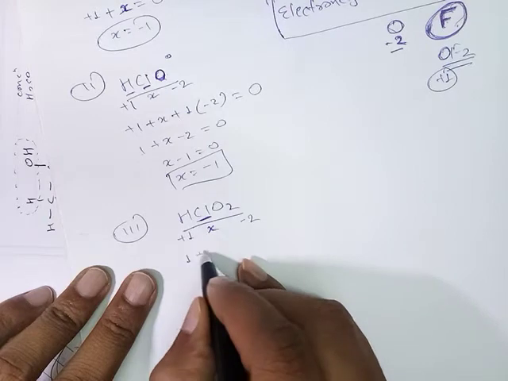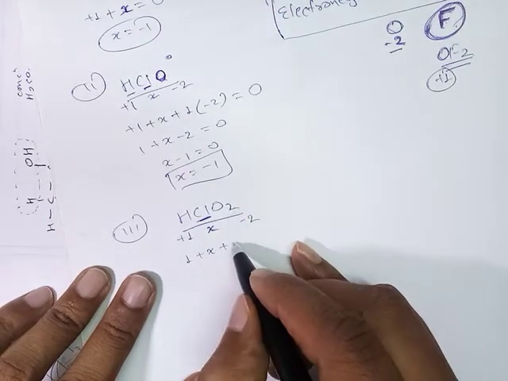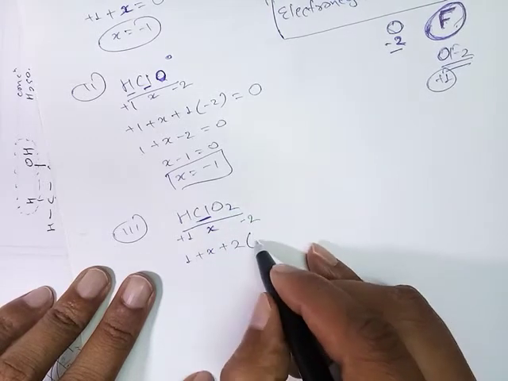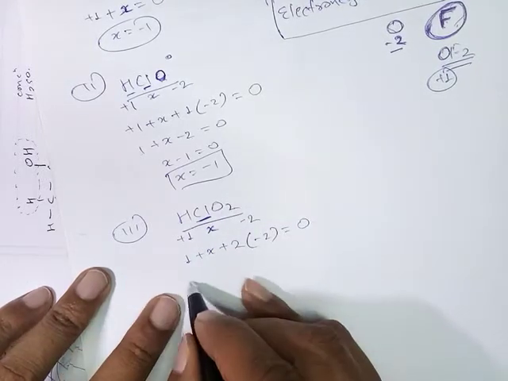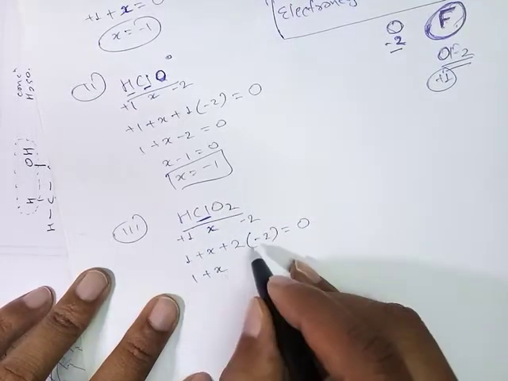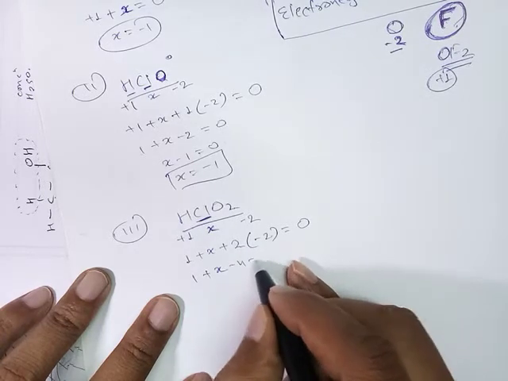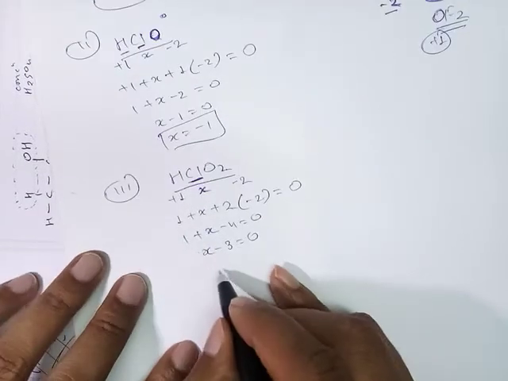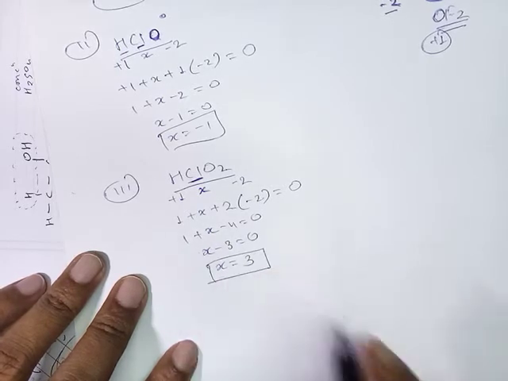So 1 plus X plus, the number of oxygen atoms is 2, and one oxygen contains -2 charge, and the overall charge is 0. So 1 plus X, 2 into -2 means -4, is equal to 0. So X minus 3 is equal to 0, and finally X is equal to plus 3. So the oxidation number of chlorine is plus 3.